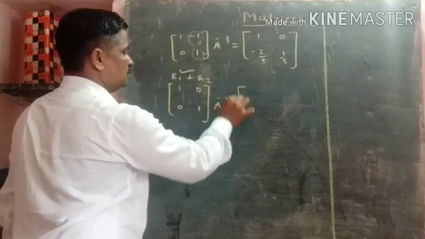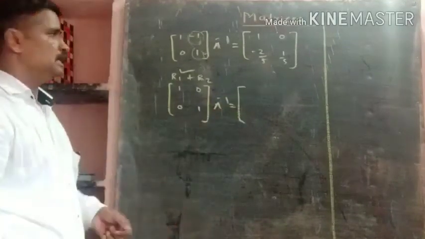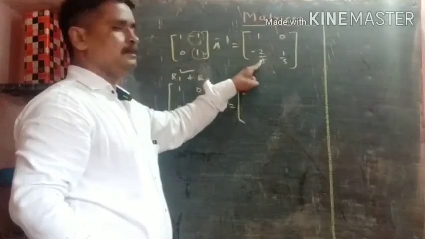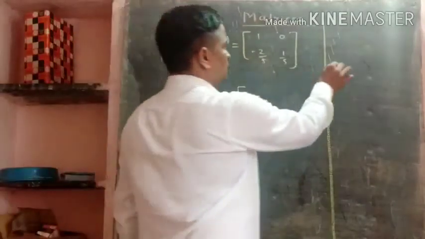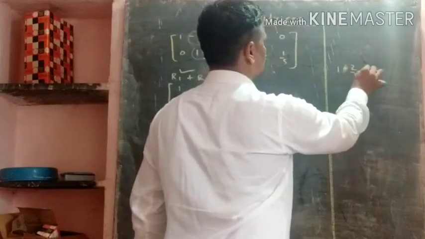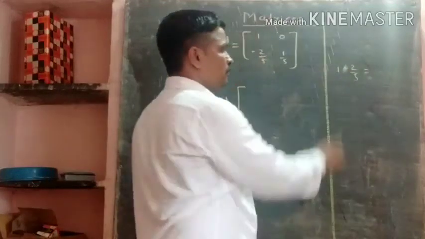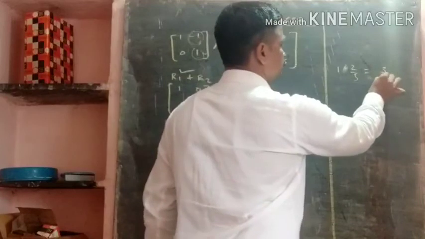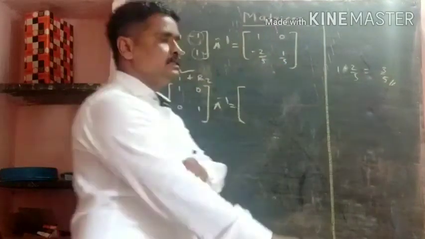A inverse equals R1 plus R2, that means 1 plus minus 2 by 5, that is 5 into 1, 5 minus 2, that is 3 by 5.